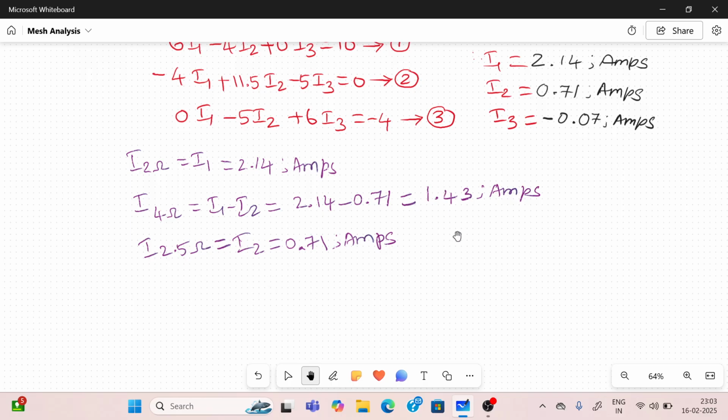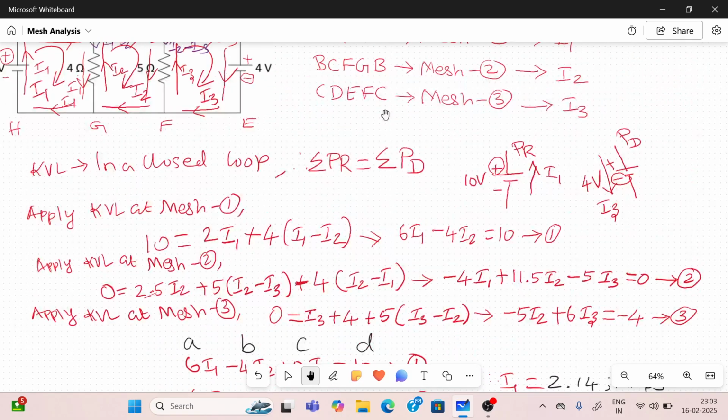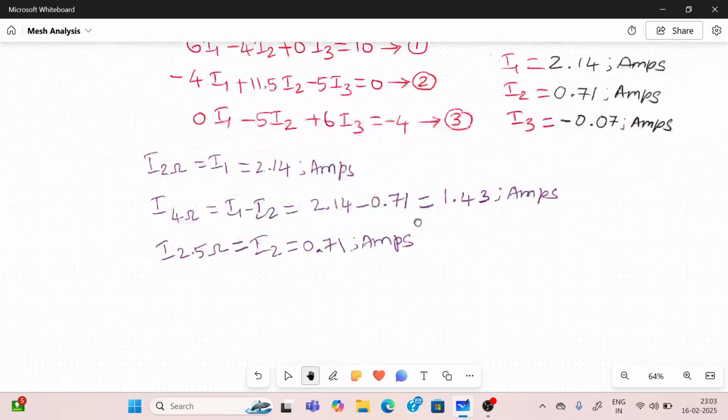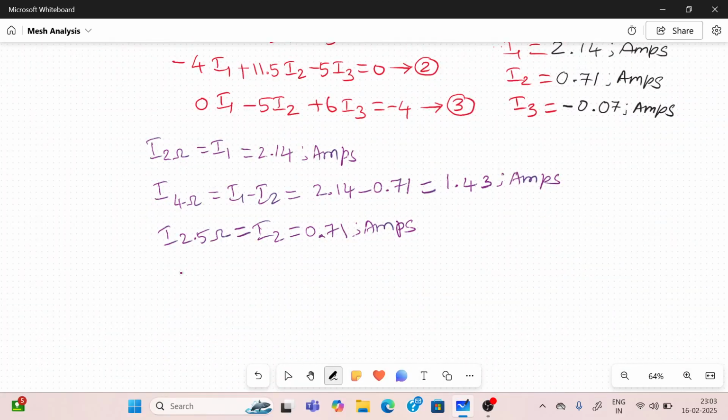We have to find the next current, right? The current through the 5 ohm resistor is I2 minus I3, which is C to F. What is the value?